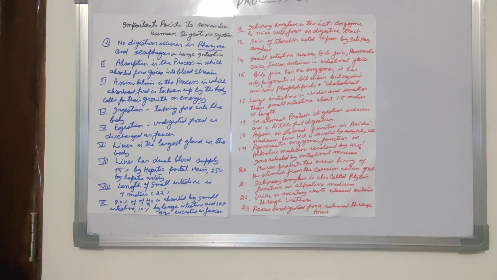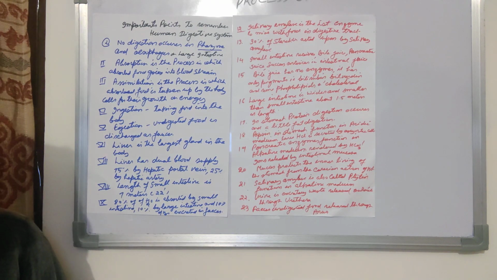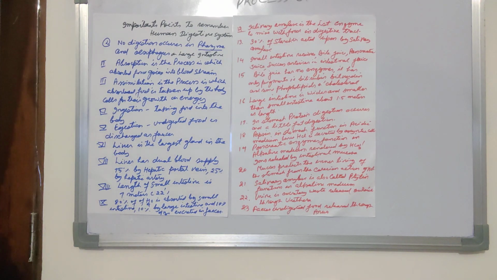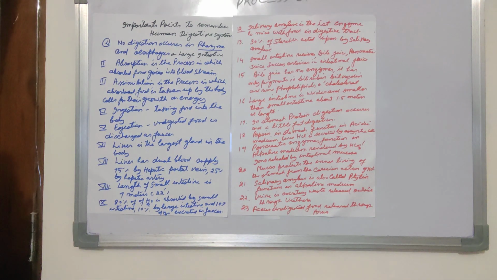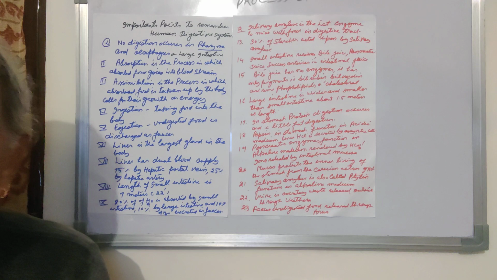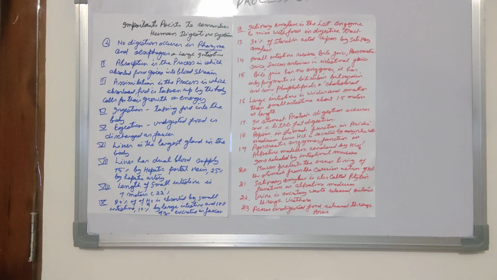In the stomach, protein digestion occurs and a little fat digestion also occurs. Pepsin in the stomach functions in an acidic medium, and that acidic medium is provided by HCl, which is secreted by the oxyntic cells of the stomach wall.